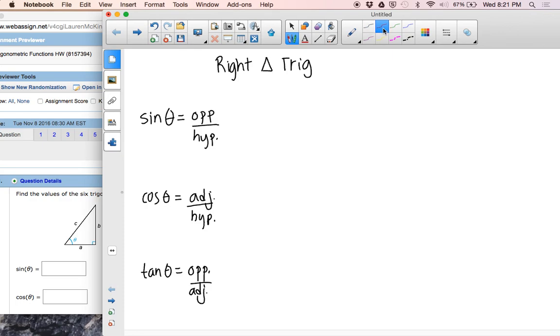Now, in addition to these 3 original trig functions, so I'm going to call these the original trigs, you have your reciprocal trig functions. So the reciprocal functions are literally just flipping the originals.